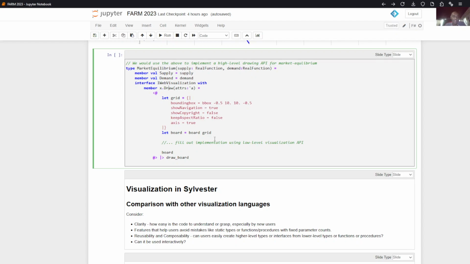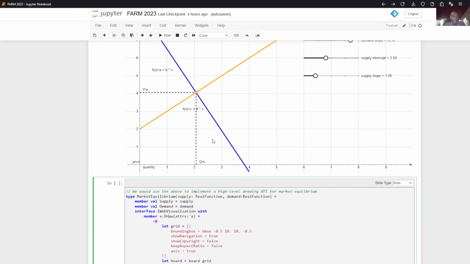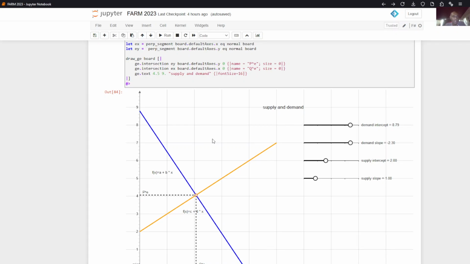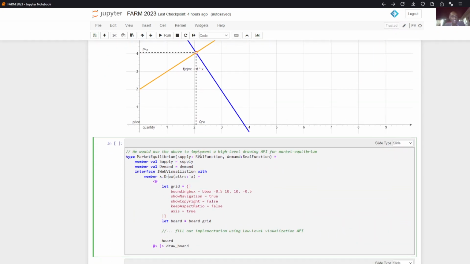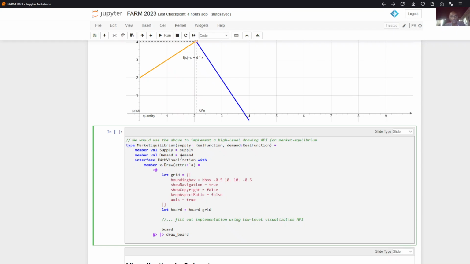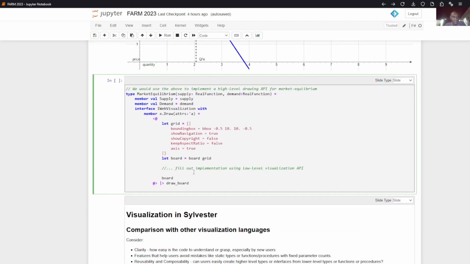And once I've done that, I can use that same draw command to simply draw a market equilibrium, to create visualizations like this using user-supplied parameters. Okay, so this is an example of how we can use the low-level API to compose a higher-level visualization API that users can access pretty easily without having to understand the low-level visualization API.